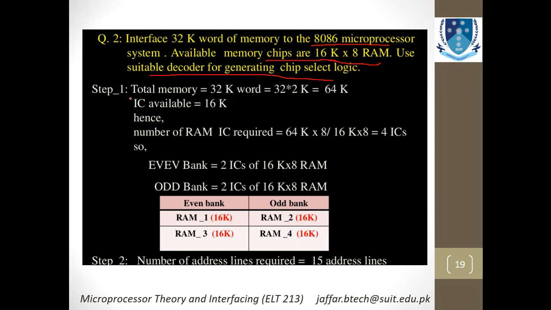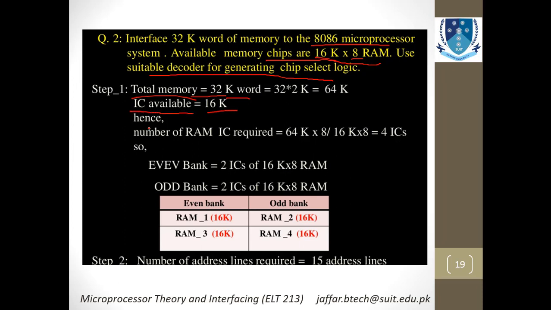So you know that the total memory available is 32K, and it is given that the chip is 16 cross 8. The ICs available in the market will be of 16K, let's say.